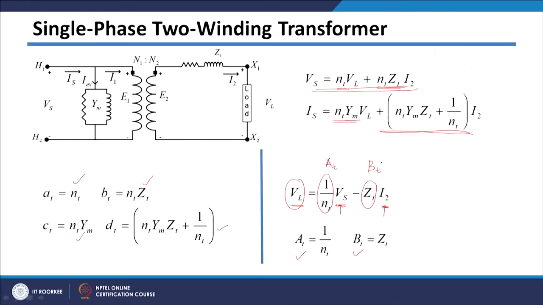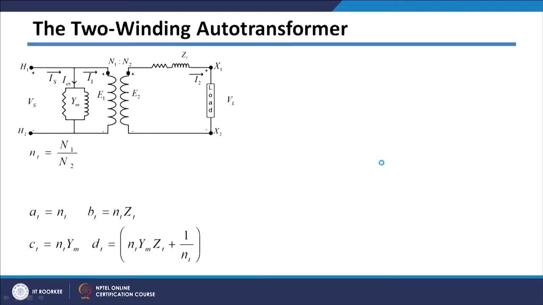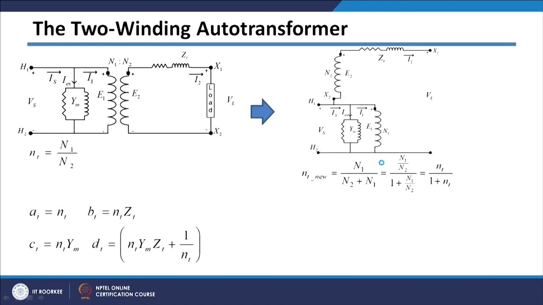So, this is related to a single phase 2 winding transformer. Sometimes these single phase 2 winding transformers may have an auto transformer kind of configuration, and we can easily derive the ABCD parameters for the auto transformer configuration by knowing the equations for the single phase transformer.